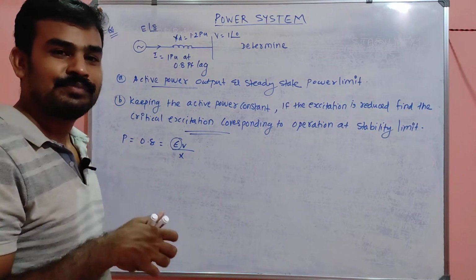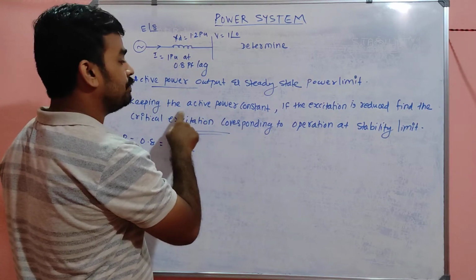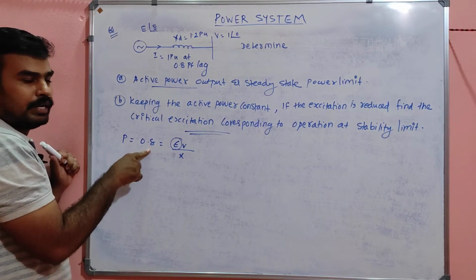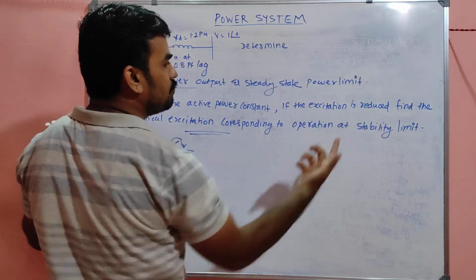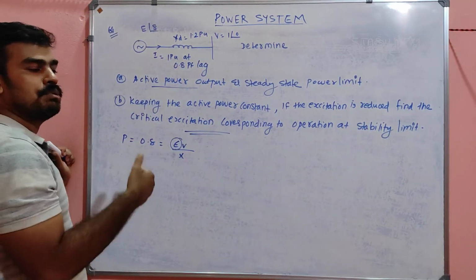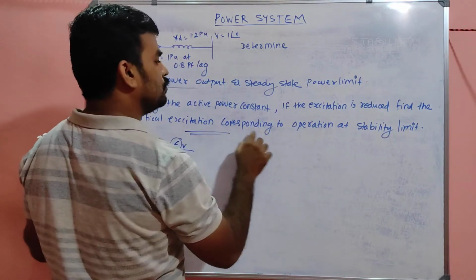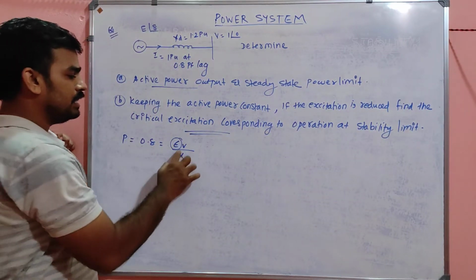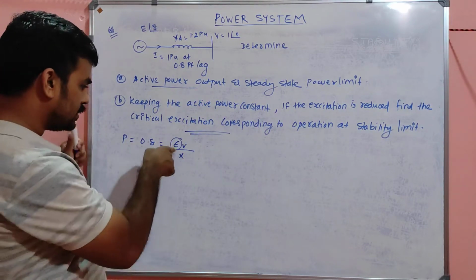The meaning of the question is that keeping the active power constant, active power is nothing but P, which is 0.8. So P should be 0.8, and what will be the excitation value, or how much excitation you can reduce, or the excitation value corresponding to operation at stability limit. Operating at stability limit means EV by X into sine 90, which is 1.